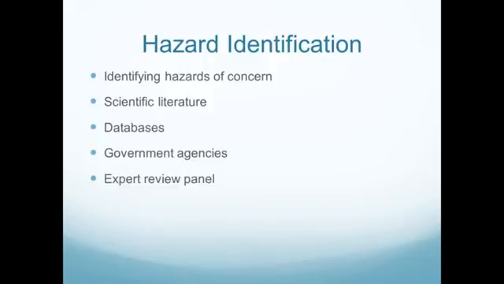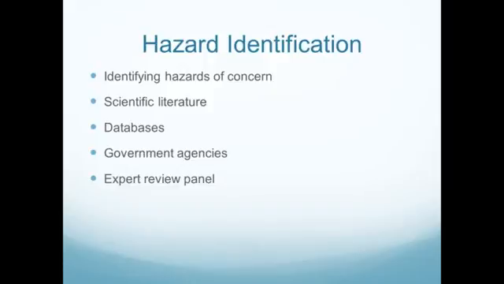Government agencies sometimes give indications of what the hazard should be. For example, patulin in apple juice. What the government said is that patulin can occur in apple juice and you have to make sure it's there at under regulatory limits. But other times you just get expert review panels. Expert reviews will literally come up with a discussion saying, well, for deli meats we should consider listeria, or something else, whatever it is.